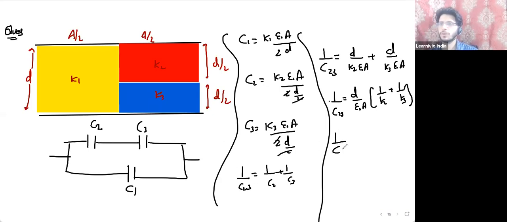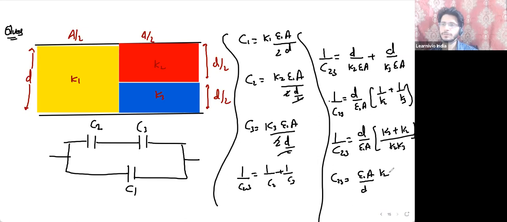Taking K2 K3 as LCM, it's K3 plus K2. So C23 is epsilon naught A by D, times K2 K3 by K2 plus K3. That's C23.